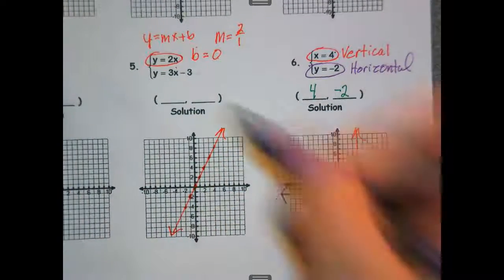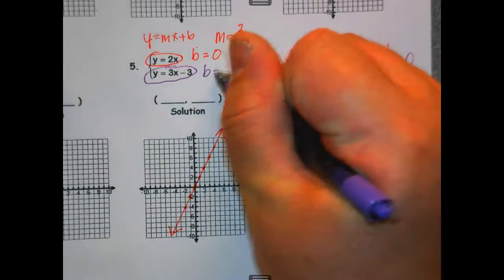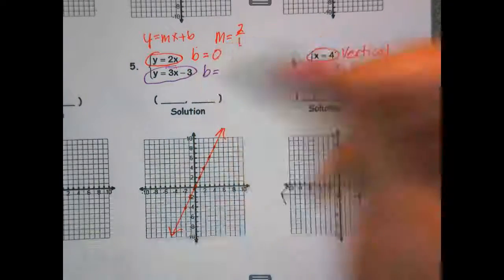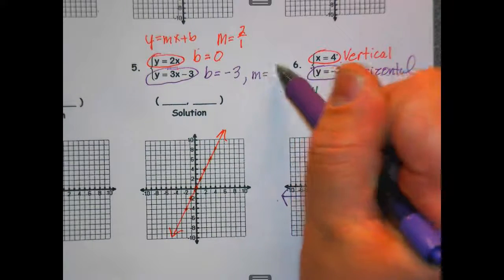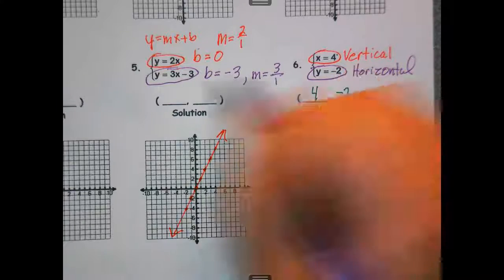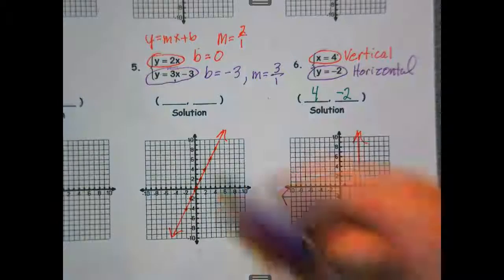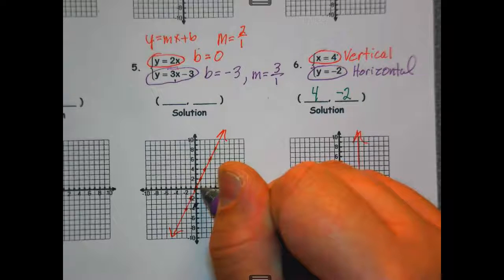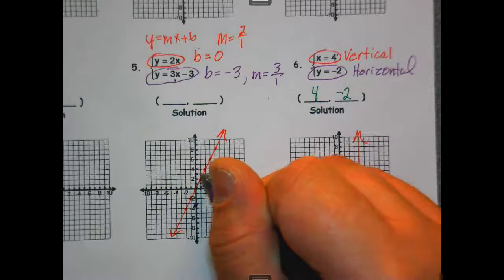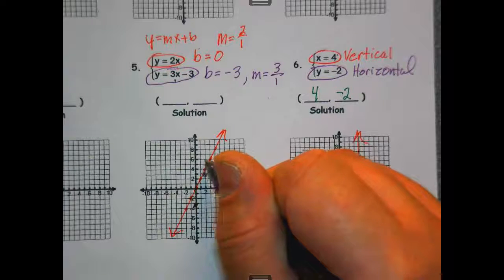And then the second equation, what's my b? -3, right? And what's my slope? 3/1, the coefficient of x. So here we start at -3. I'm going to go up 3 to the right 1, up 3 to the right 1, up 3 to the right 1.